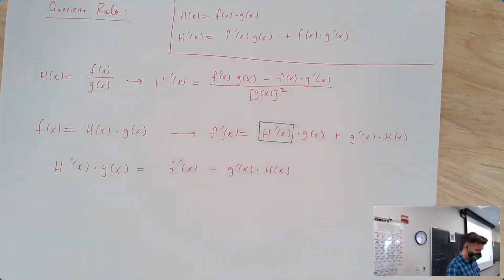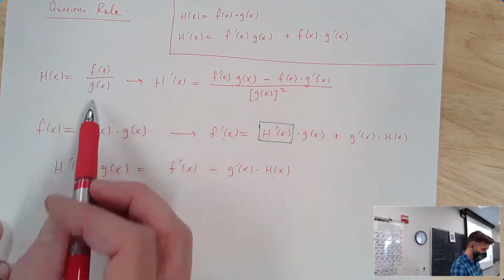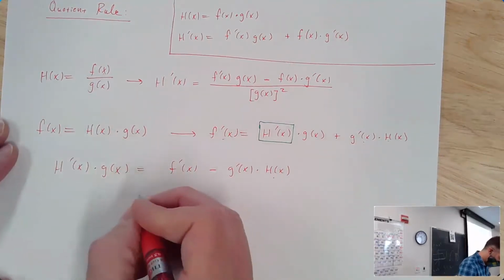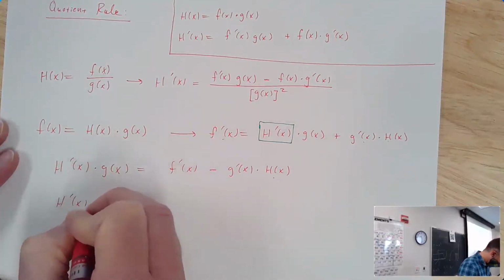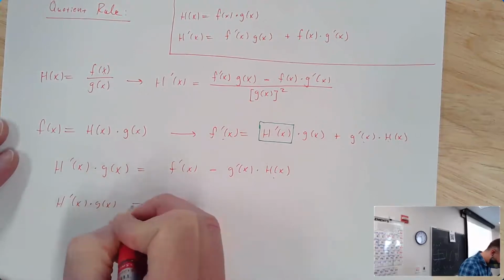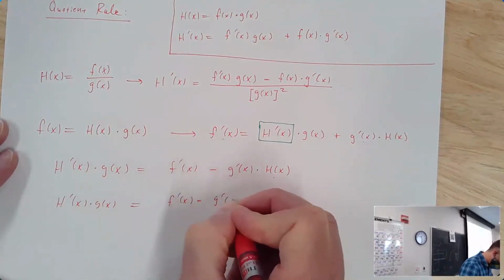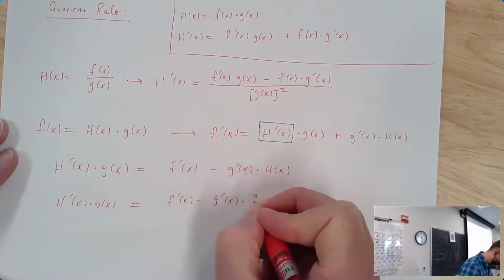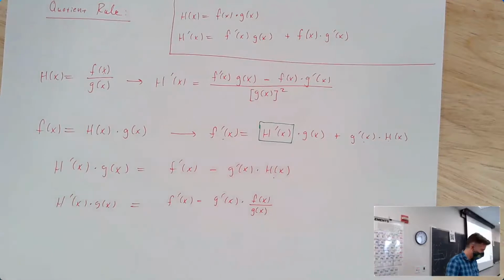Okay, but let's replace h with what it's actually equal to. So h is equal to f over g. This is actually going to be h prime of x times g of x equal to f prime of x minus g prime of x times f of x over g of x.